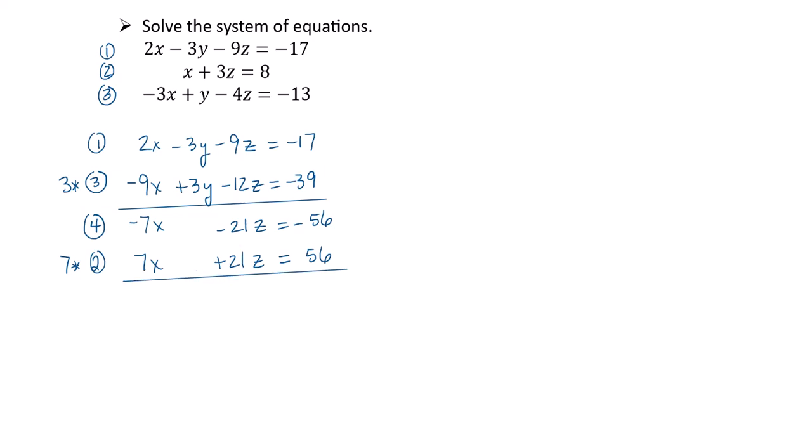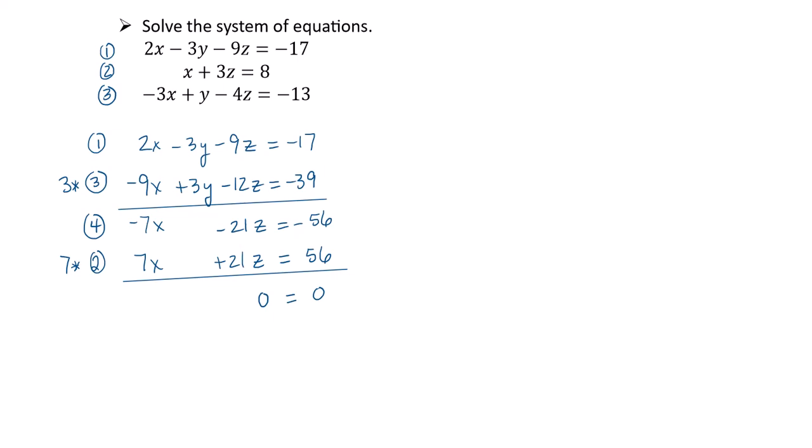And when I add those, my x's go away, but my z's also go away, so I have 0 equals, and on the right side, the constants cancel out. So I have 0 equals 0. Now this is not the false numerical statement that we had before when we ended up with no solution. This, we will have infinitely many solutions.